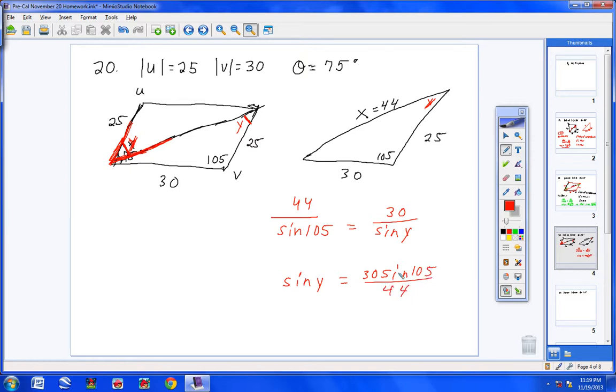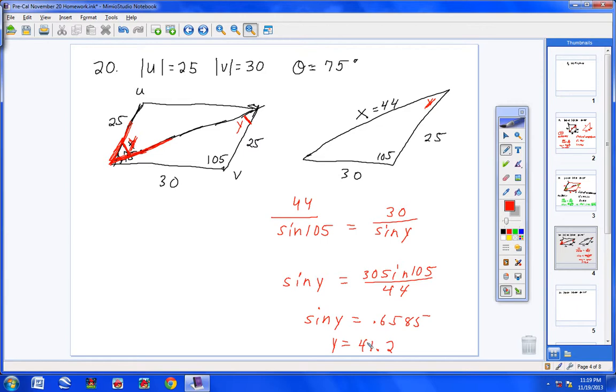Now I'm going to very quickly grab my calculator. 30 sine 105 divided by 44, and I'm getting sine of y equals 0.6585857907. If I take the inverse sine of that decimal, I will get that y equals 41.19, or in other words 41.2 degrees.